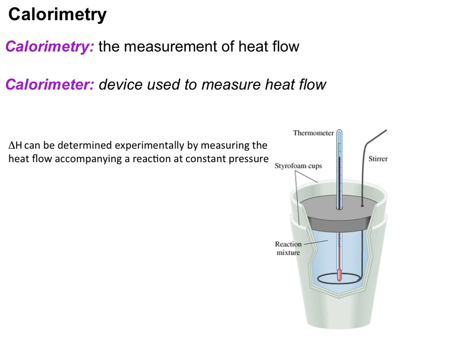The styrofoam cups and the lid are to contain the solution as well as insulate the reaction that's occurring so that heat or minimal heat leaves the reaction container. So we'll talk about the specific types of calorimetry. There's two main types, and we're going to look at calculations associated with each and basically what they can each tell us. So let's go ahead and do that.